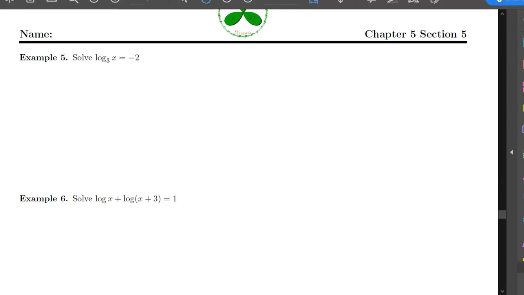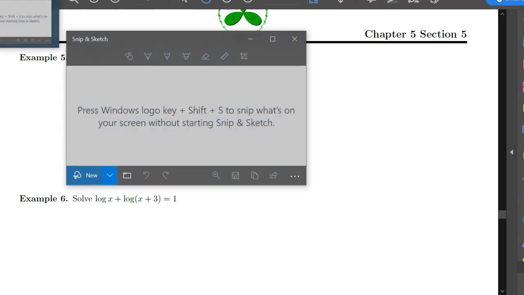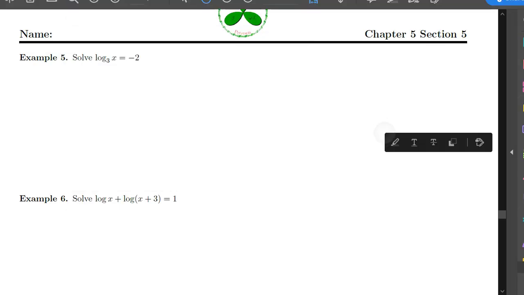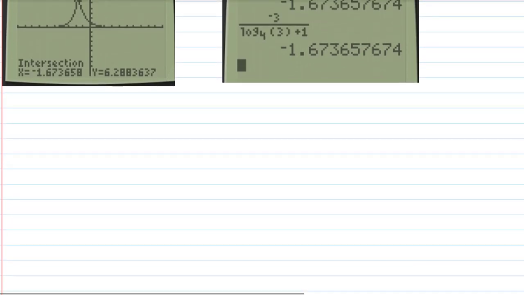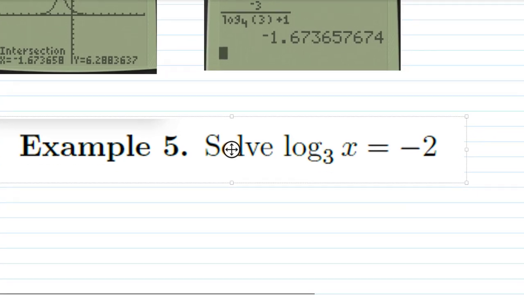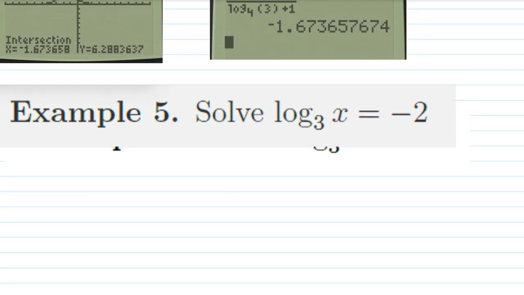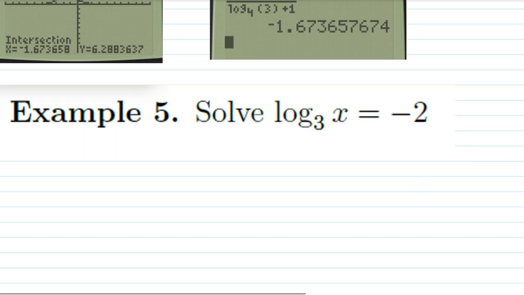All right. So now let's switch gears and let's resolve a few logarithmic equations. So we want to solve the equation log base 3 of x equals negative 2.